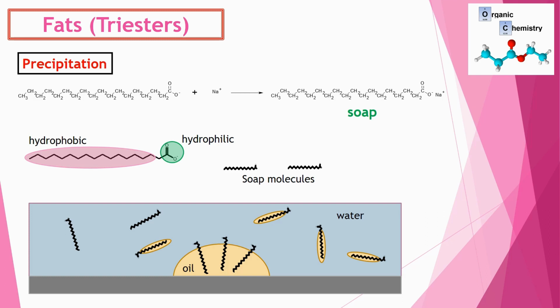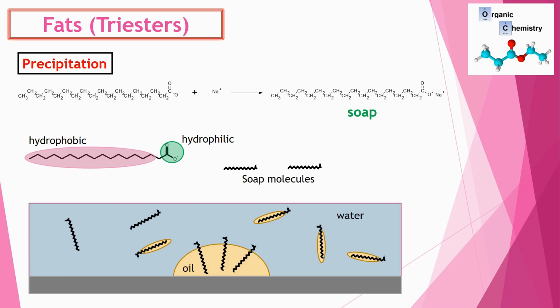Then its head, its hydrophilic part, will dissolve in the water, and it will remove this oil off the material and suspend it in the water solution. And that's how we get rid of oily stains from our clothes or from our hands.